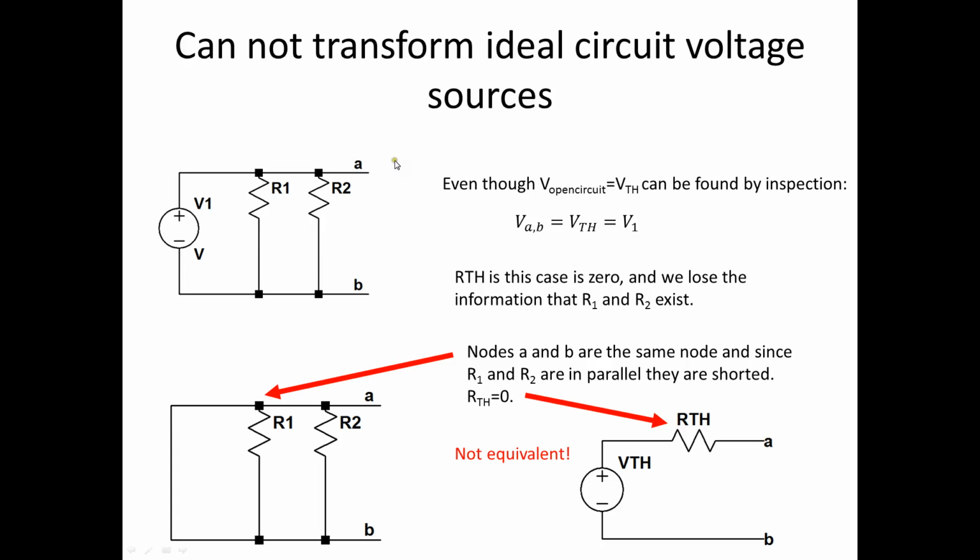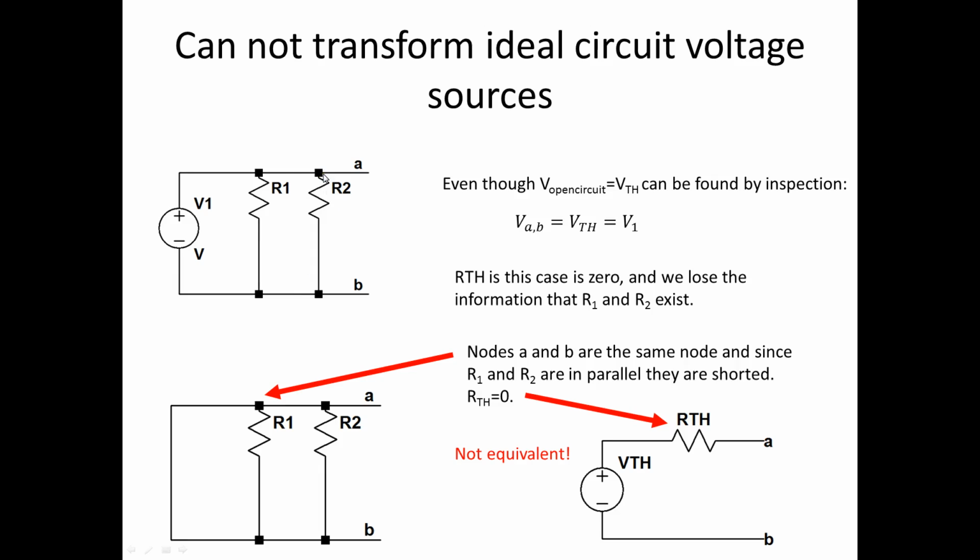Now, let's do another example where an ideal voltage source has no series resistance, and we'll see that that can cause a bit of trouble for us. The open circuit voltage equals the Thevenin voltage and can be found by inspection, because R2, R1, and V1 are all connected in parallel.